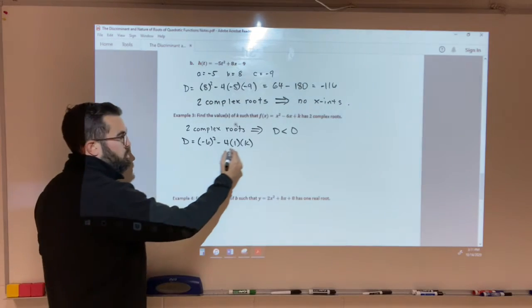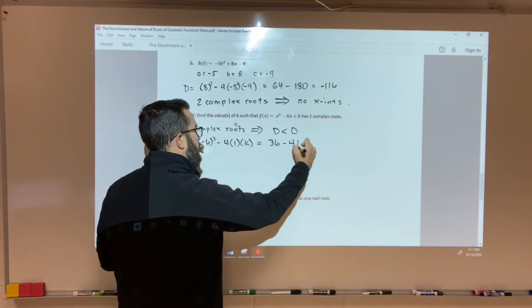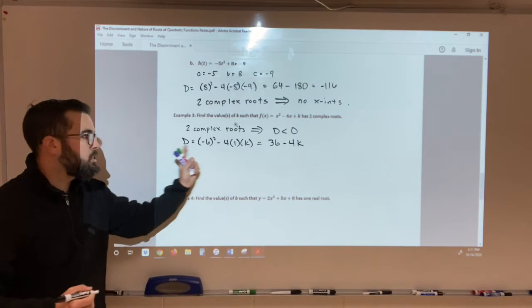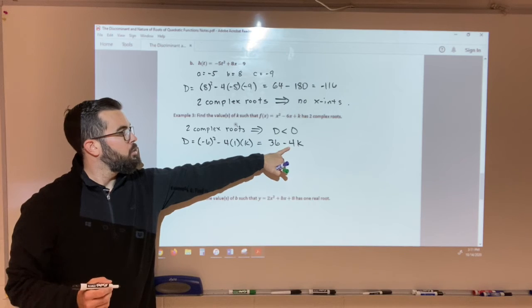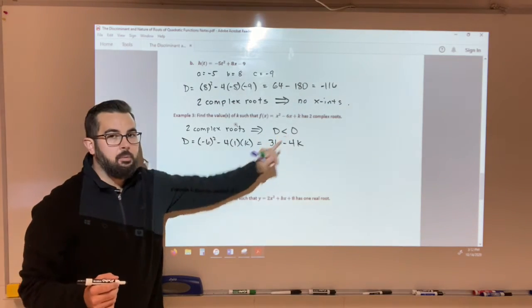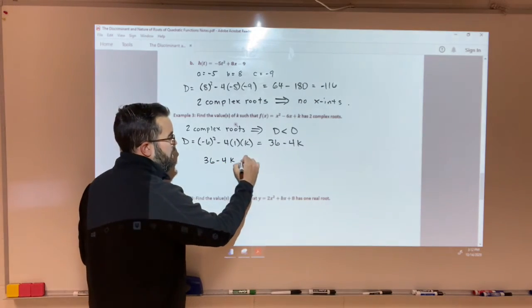So doing a little bit of simplifying, we would have 36 minus 4k. So this is the discriminant in terms of k. We have up here that the discriminant has to be less than 0, so that means 36 minus 4k has to be less than 0.